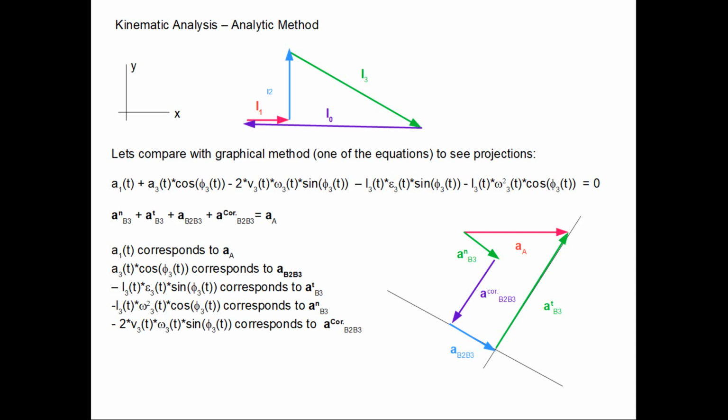So as you can see, even if you forgot about some of the terms of the acceleration in the graphical method, when you do the analytic method correctly, you should be able to identify any mistakes you made in the graphical method, because after correct differentiation of the projections of these vectors, you should be able to see all of the components of the acceleration. They should appear automatically after differentiation.